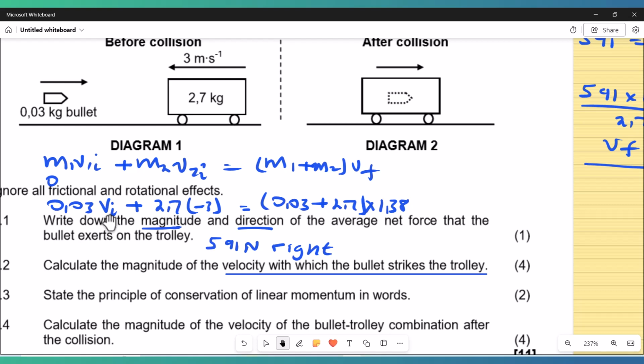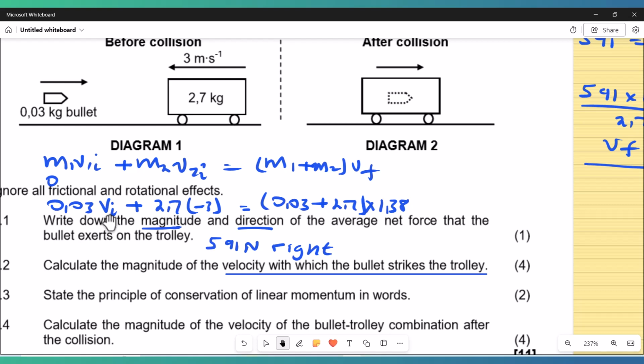Okay, calculators there. Here we go. We are going to say open bracket, fraction button, open brackets, then 0,03 plus 2,7 close bracket times 1,38. Are we together? So in that case, what do we get there for our first answer?